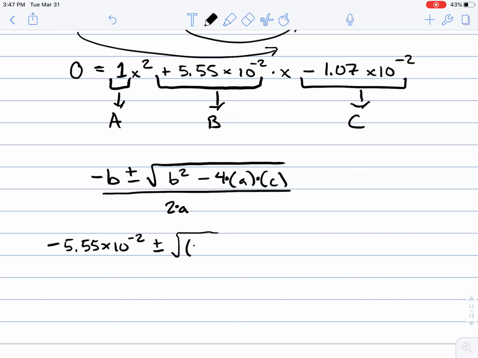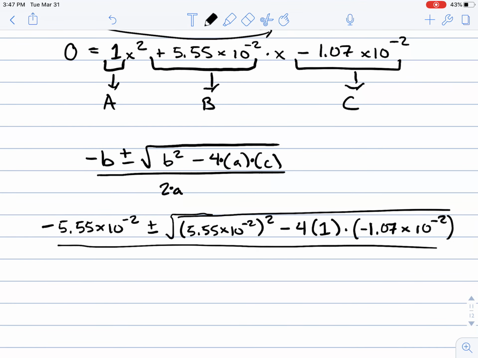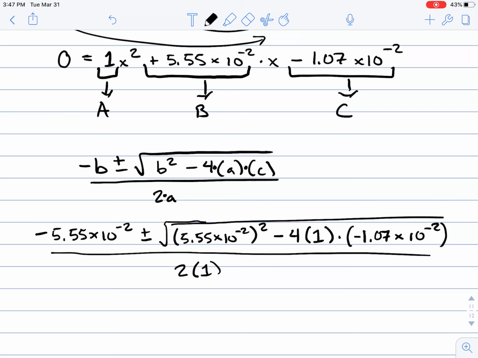So this is going to be 5.55 times 10 to the negative 2 squared minus 4 times a, which is going to be 1, times c, which is negative 1.07 times 10 to the negative 2. And so all of this is going to be divided by 2 times a, or 2 times 1, since the value of a in this case is 1.